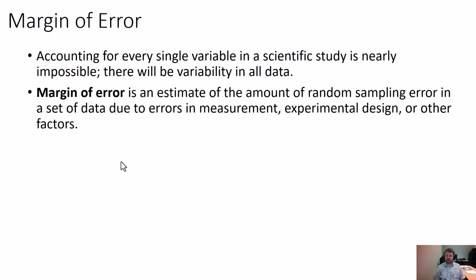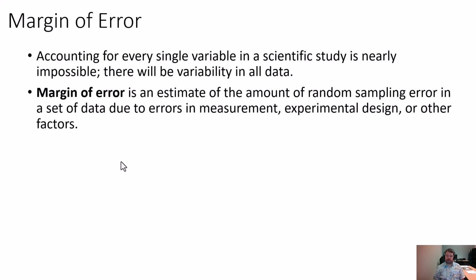So this means that basically we're accepting that there could be about 5% error in our design, in our measurement, and that's the margin of error that we're willing to accept as what I would consider the natural science.